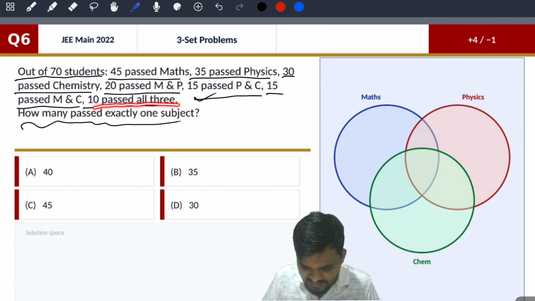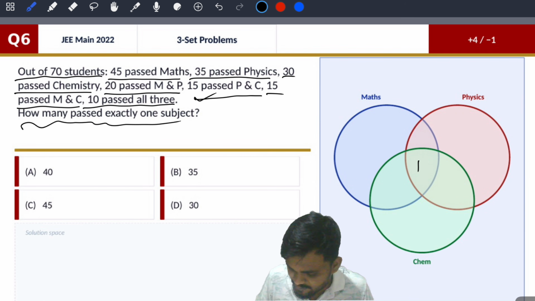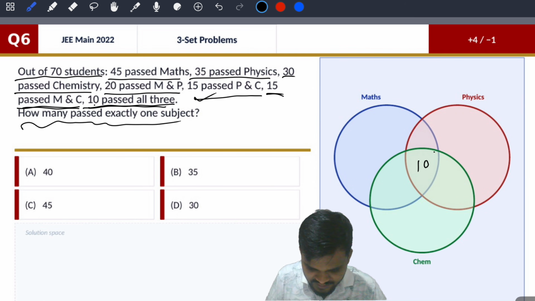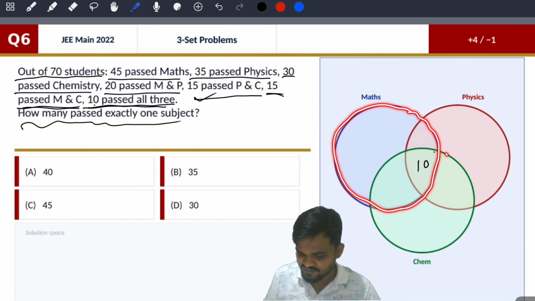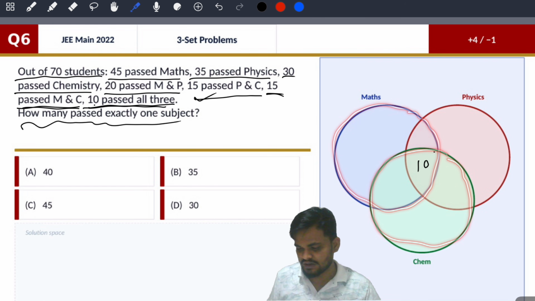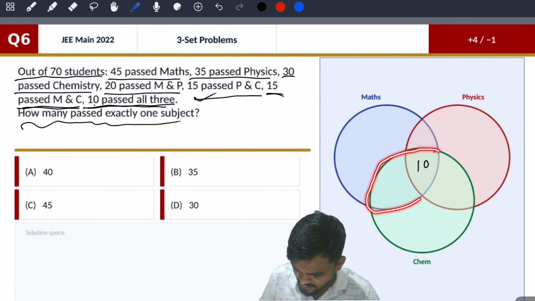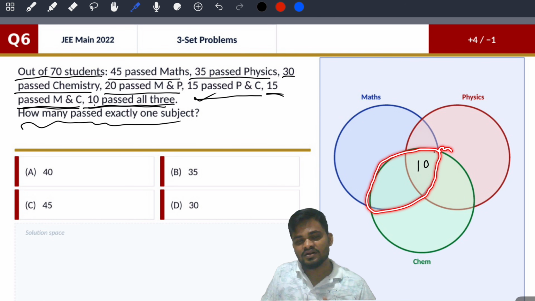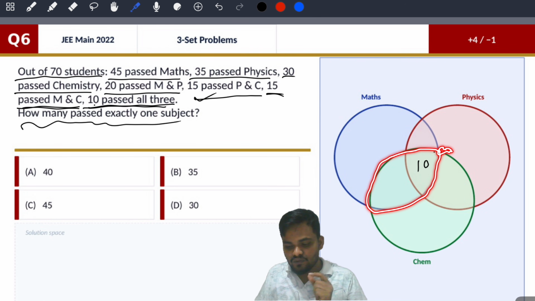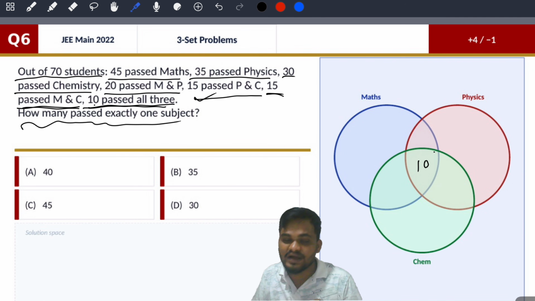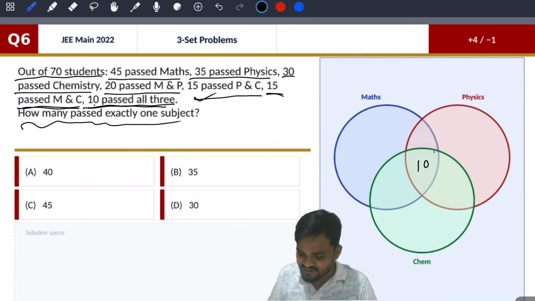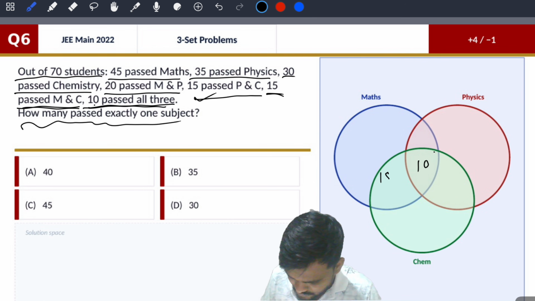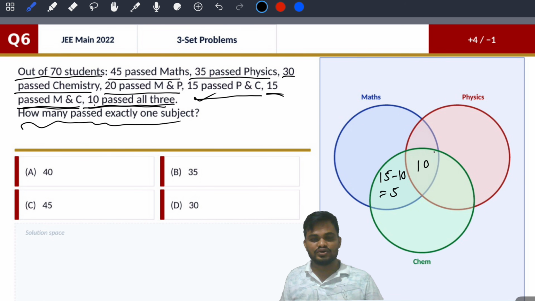From the data, the end data is 10, so all three subjects is 10. 15 passed in math and chemistry, so this is math, this is chemistry, and this is the math and chemistry region. In this region 15 students passed, right? Out of 15, 10 students passed in physics also. That means how many should be here, only math and chemistry? 15 minus 10, which is nothing but 5. I think you understood this.